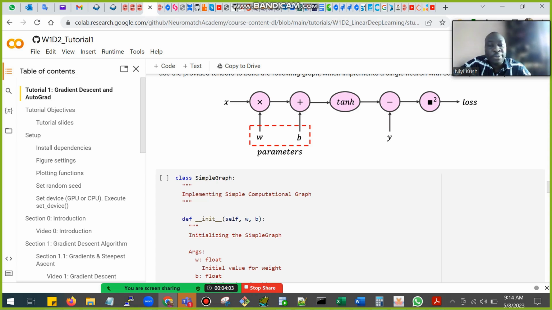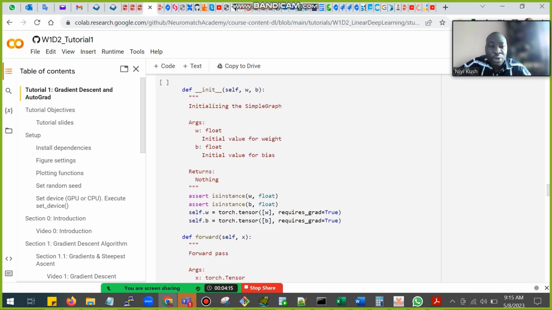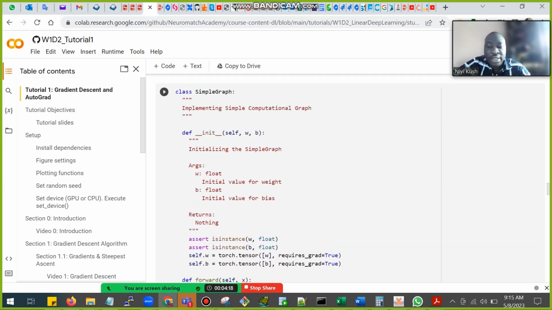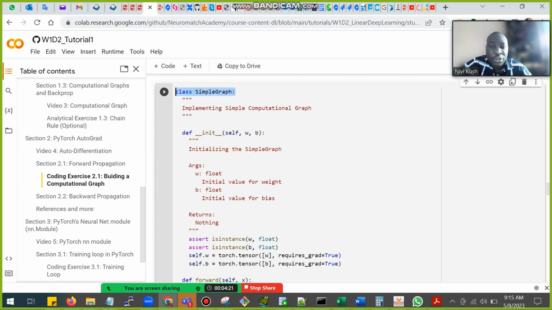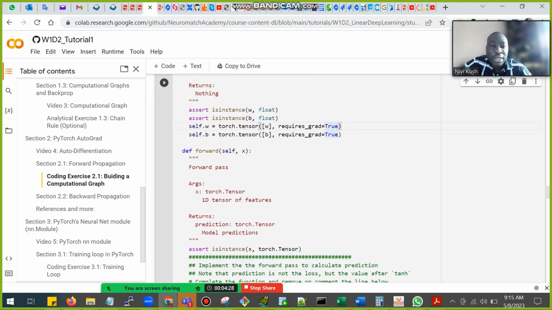Our learnable parameters are W and B, which are the weight and the bias. If you look at the code, this is the definition of the class. This is the definition of our parameters, and here we are making them learnable.